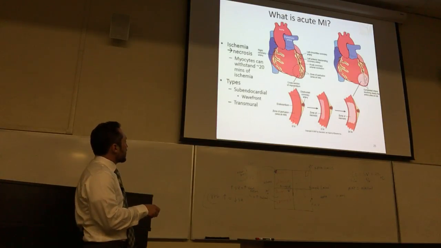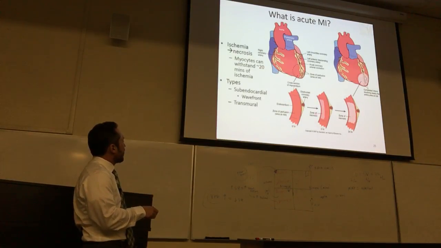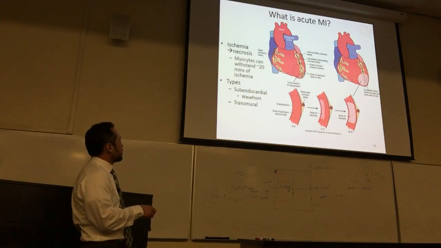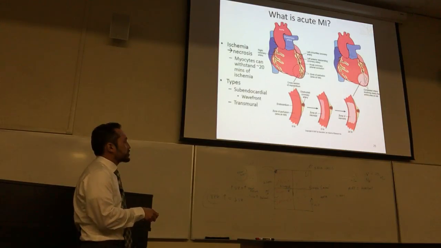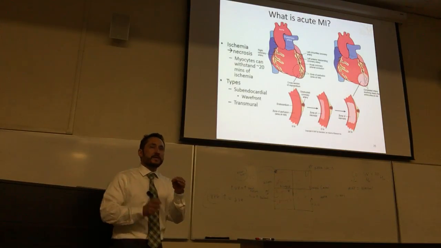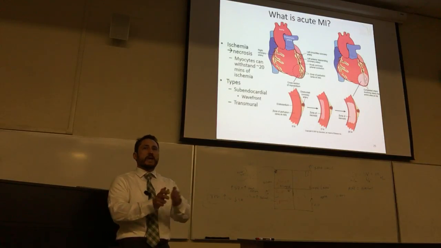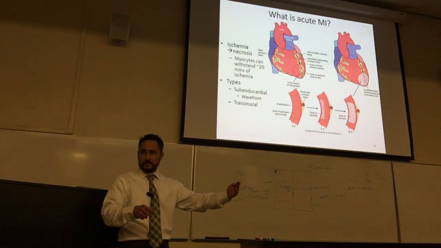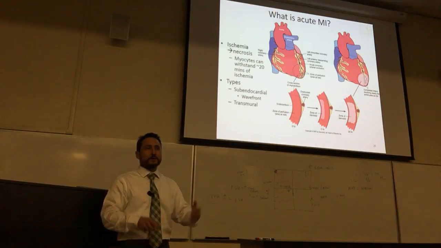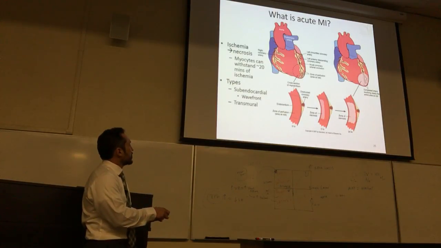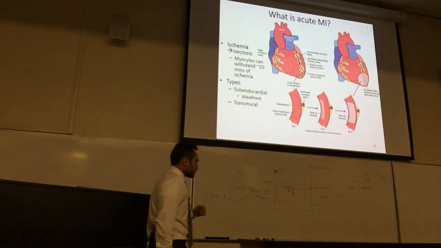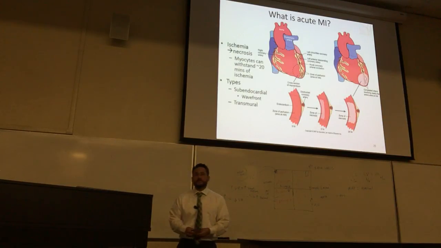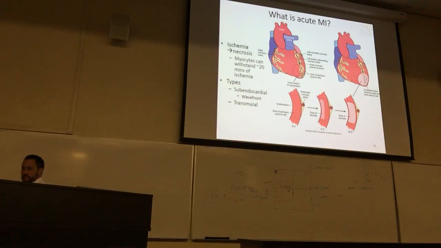And as it migrates, here's 0 hour. Here's 2 hours later, the necrosis is on the subendocardial front. And it's going to move over just a 24-hour period. It'll be all the way through. It's called a transmural infarct. A transmural infarct is a necrotic region that goes all the way through the wall of the left ventricle.